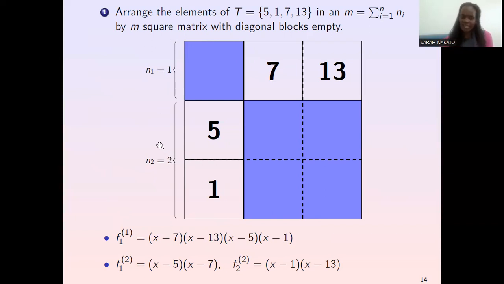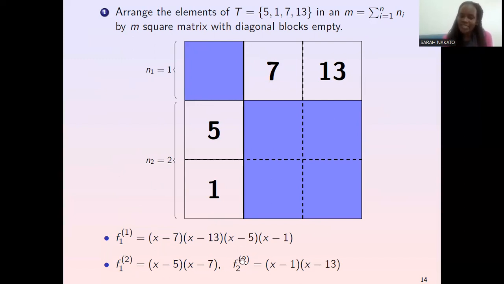Then we go to the second one. This means in the second block of rows, consider the first row and the first column. So this is the second block of rows and respectively second block of columns. We have the first row and the first column. That's why we're having x minus 5 and x minus 7.